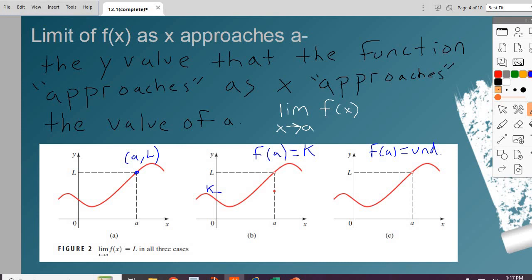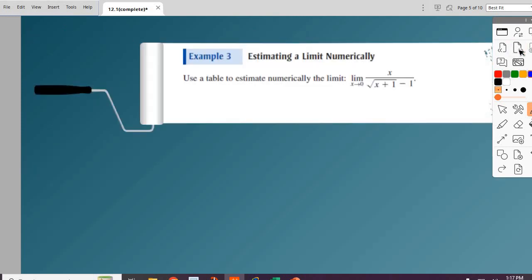Now, the other way that we can look at these, going back to the same one we looked at yesterday, is with a table. So you need out a calculator. You can use the greenish, bluish scientific calculators. They have a table function on them, or a graphing calculator. Either one will work.